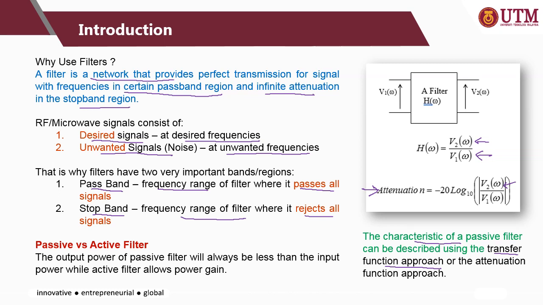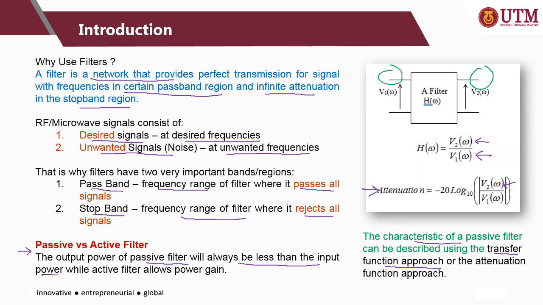Next is the difference between the passive filter and the active filter, in which the output power of a passive filter will always be less than the input power. The output at this point will always be less than the input point.